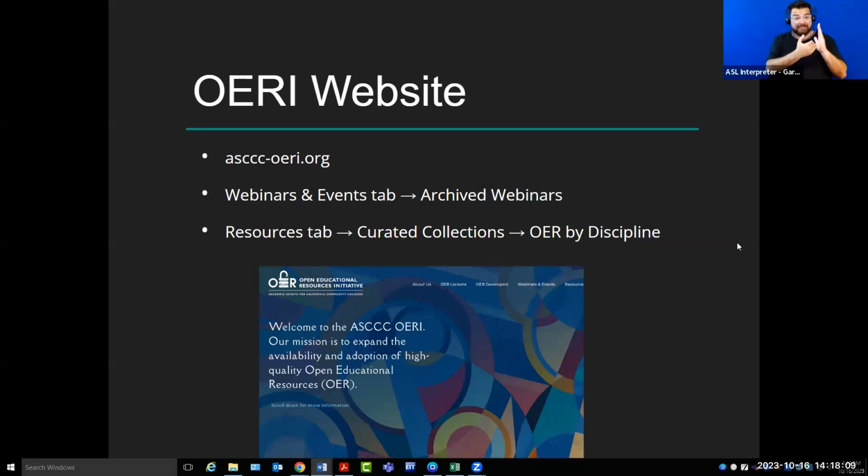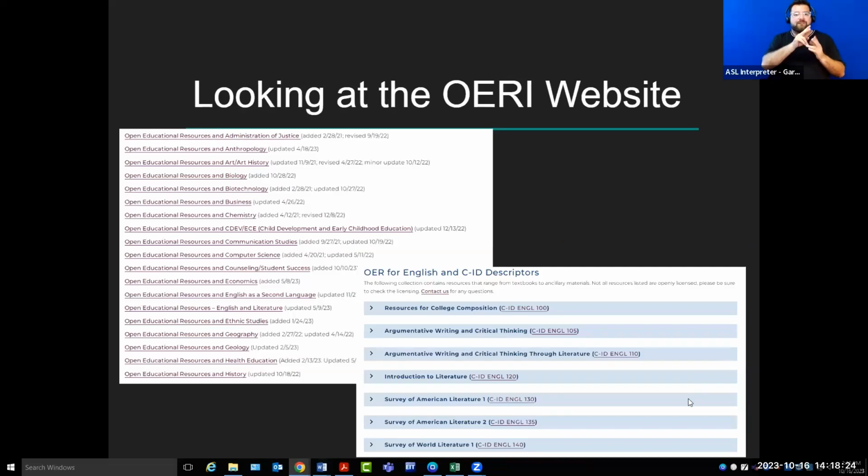Most of them were created through one of their RFPs, one of their funded projects, but some of them were just compiled by the discipline leads in the area. They're all very highly curated. So you can see, it gives you the list, and then I just captured one for English, and they're listed by CID descriptor, so you can check those out.